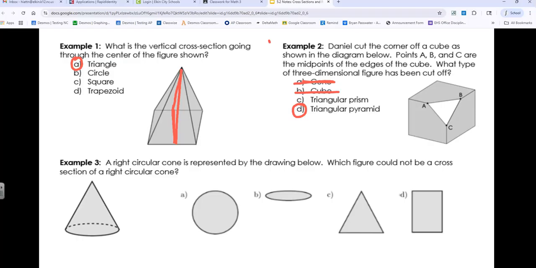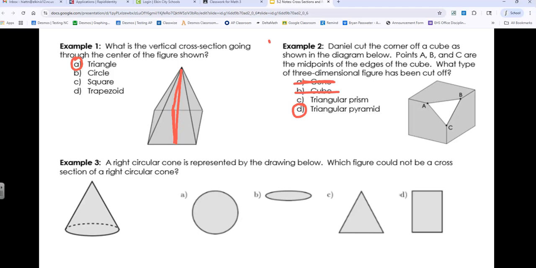It's going to be pointy. So you can see it's going to be a pyramid right there. That kind of helps you see what it would look like.